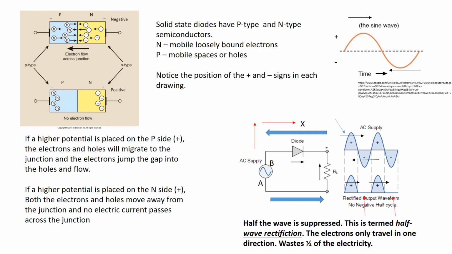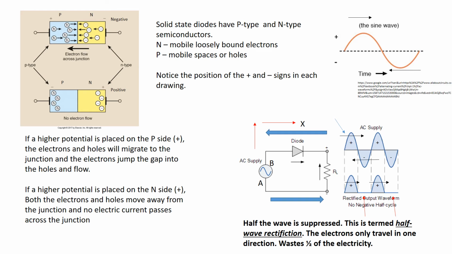If you got a negative charge coming in on the N semiconductor, it's going to repel those electrons away, and it's going to push the holes and the electrons together, allowing the electrons to jump into the holes and continue on their way.